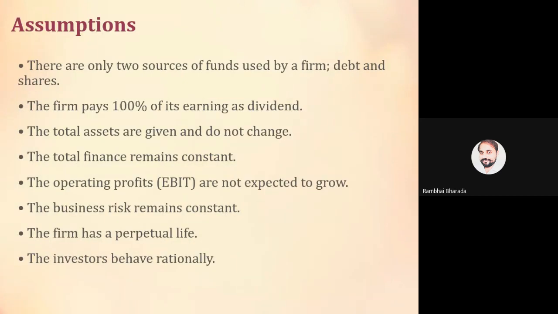Read the assumptions. Here, the firm pays 100% of its earnings as dividend. It means 100% dividend, no retained earnings. Whatever profit we have, all the profit will be distributed among the shareholders. Number 2, no change in total assets. Number 3, no change in total finance, and no change in operating profit.